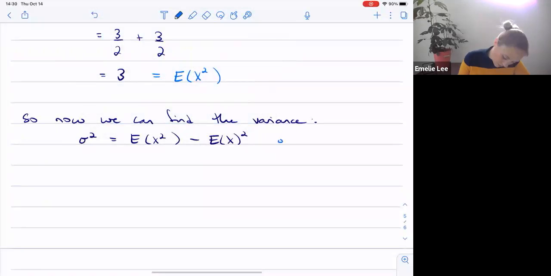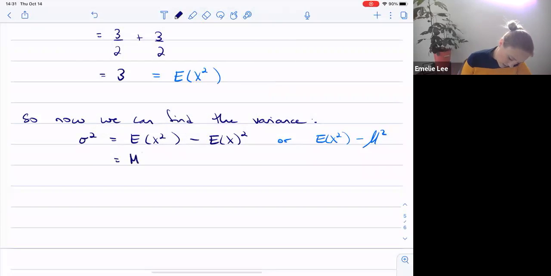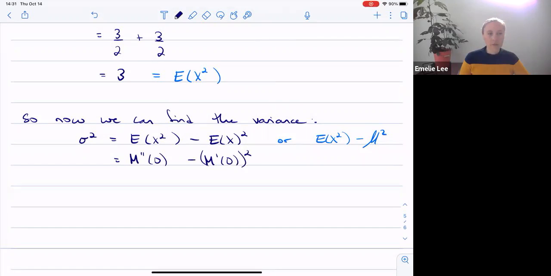Or if you prefer, the expected value of x squared minus mu squared. You can write E of x or you can write mu, and we can use them interchangeably, right? So depending on what you prefer to see, you might be replacing them with mu or just keeping them as E of x. I like to keep them as E of x, but that's just me. Which is the m double prime at 0 minus the m prime at 0 squared.